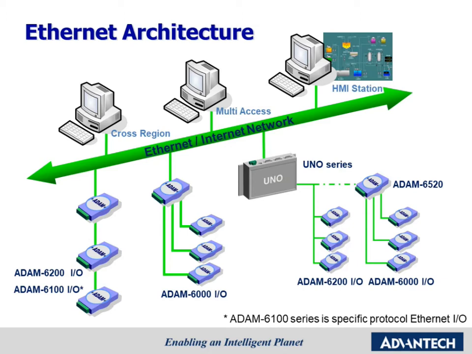Internet is very popular in today's society. With Ethernet interface, ADAM is easy to communicate with other devices. It can also communicate with the device in another country, which provides customer a great convenience for cross-region project.